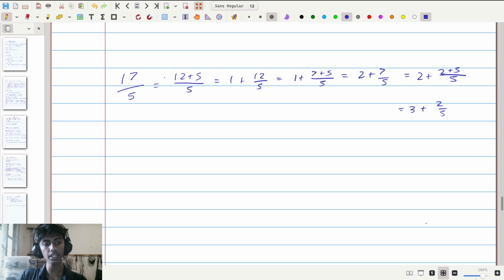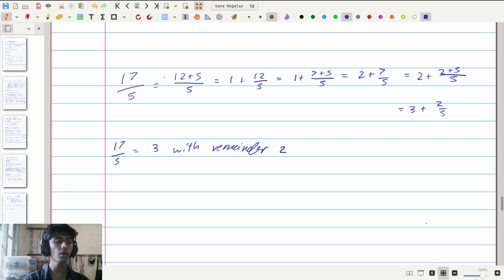So that means 17 divided by 5 is 3 with a remainder of 2. We did not know how to divide 2 by 5, so we just left it as a remainder of 2.